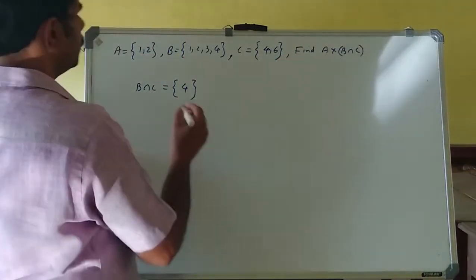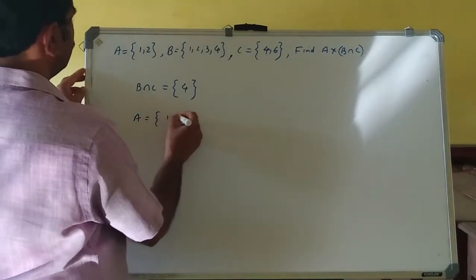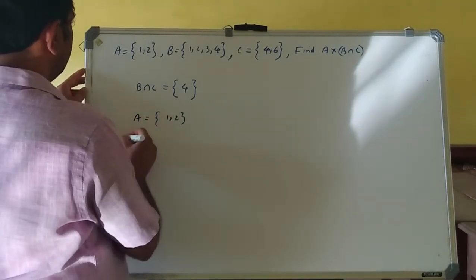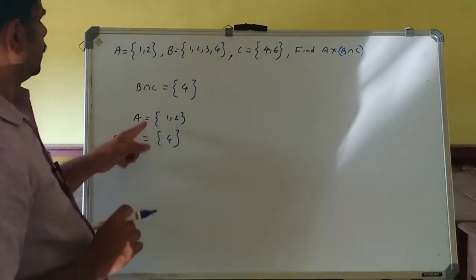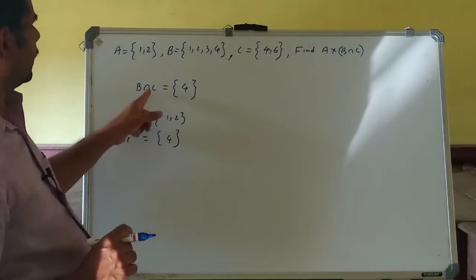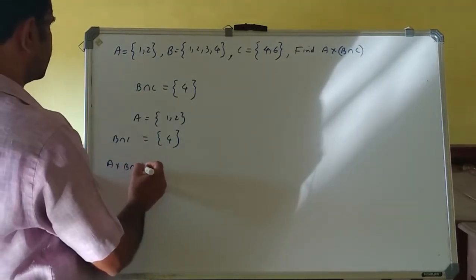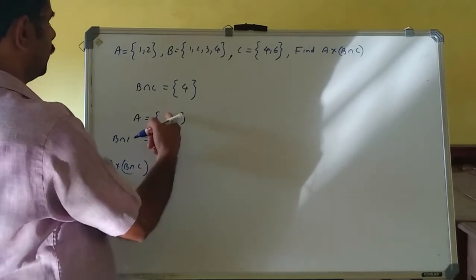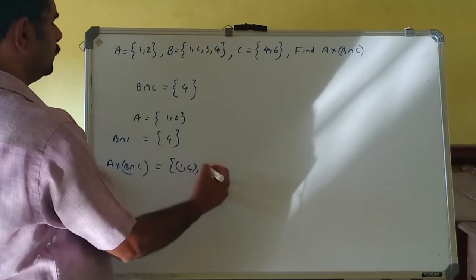Then A cross (B intersection C). What is A? A is equal to set {1, 2}. B intersection C is equal to set {4}. Then what is A cross (B intersection C)? (1, 4), then (2, 4).